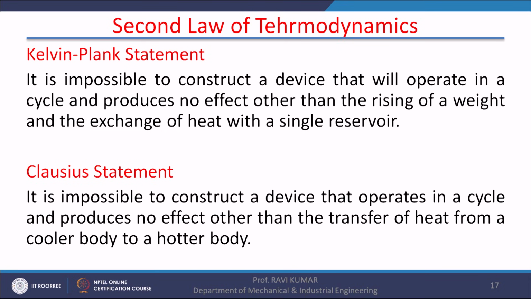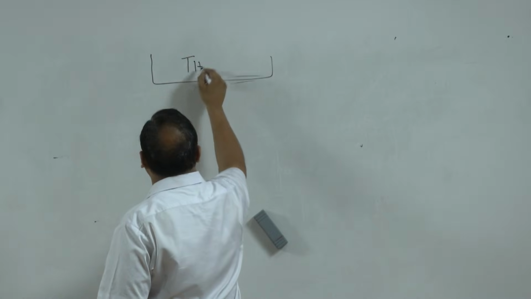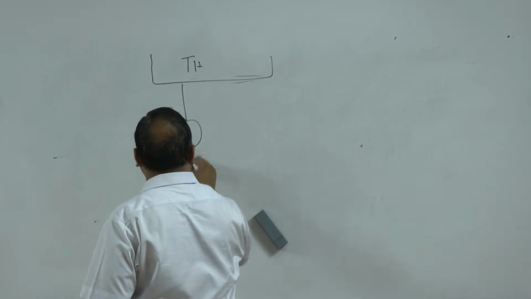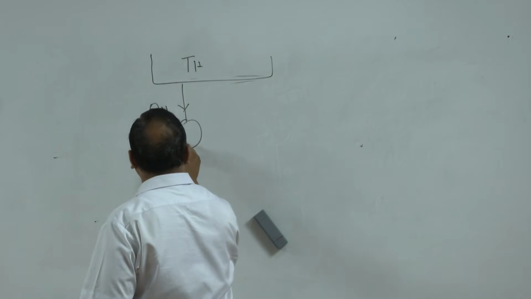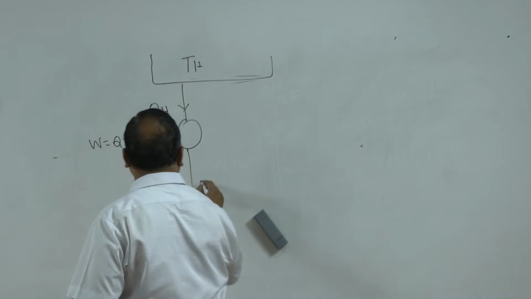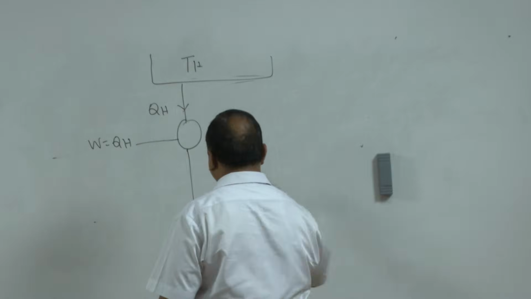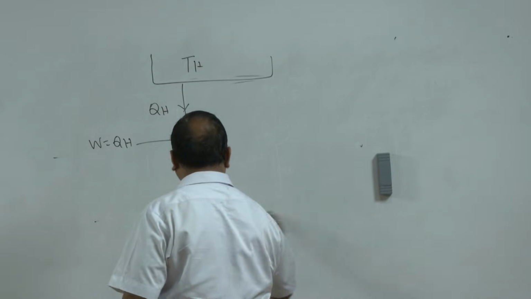Now we will assume that there is a violation of the Kelvin-Planck statement. So when there is a violation of the Kelvin-Planck statement, at the high temperature reservoir QH amount of heat is taken and work equal to QH is done, and 0 heat is rejected to the reservoir.